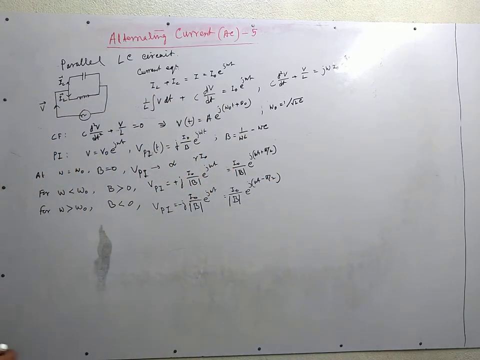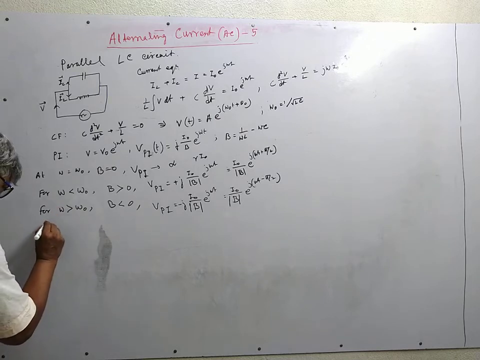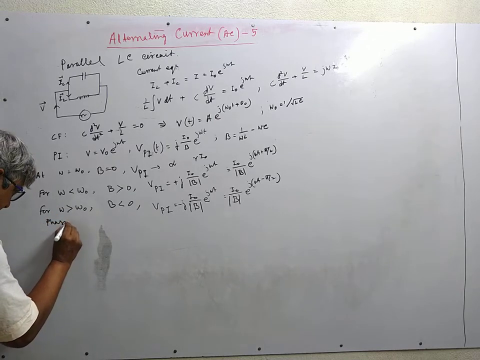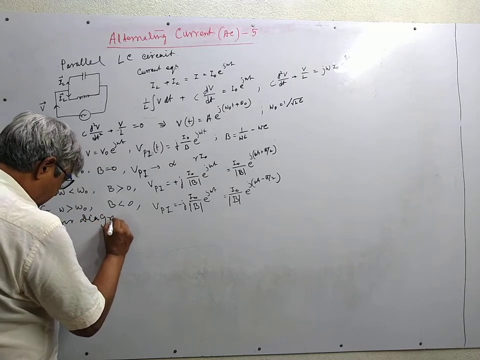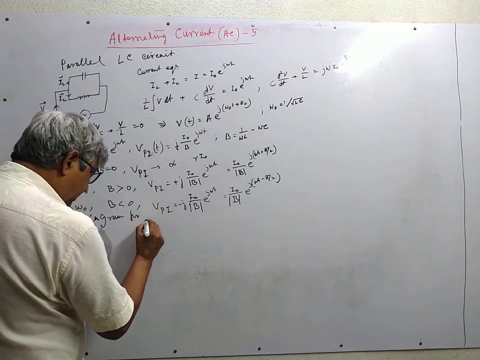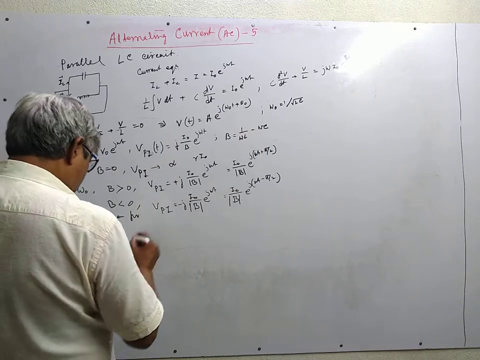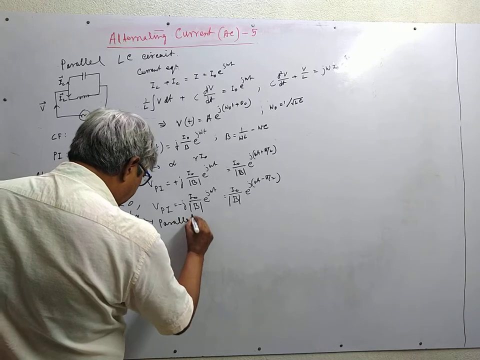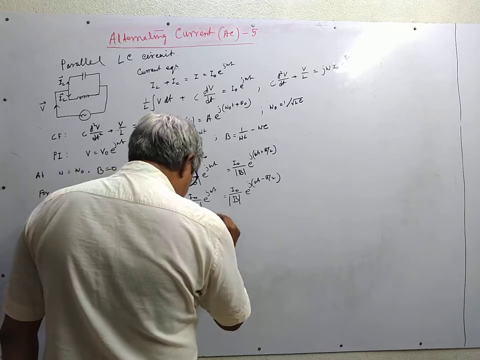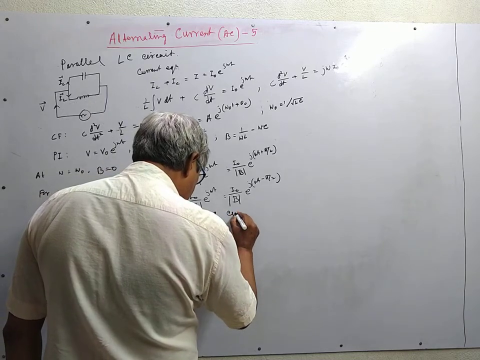Now we come to the corresponding phasor diagrams. At omega is equal to omega 0, the phasor diagram for the parallel LC circuit.